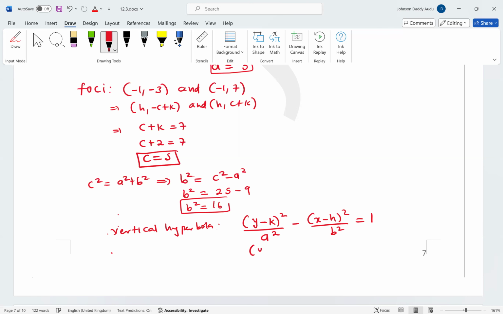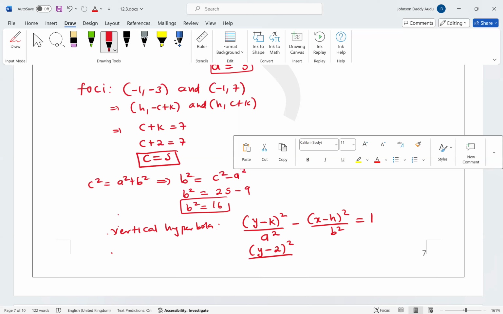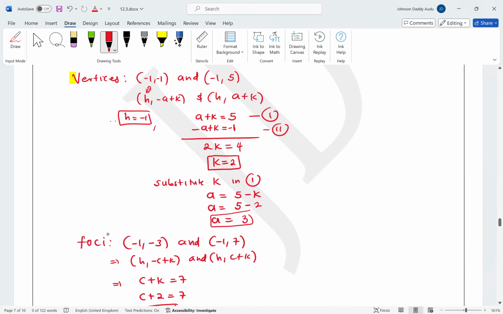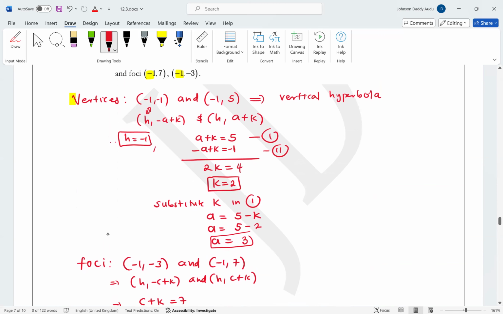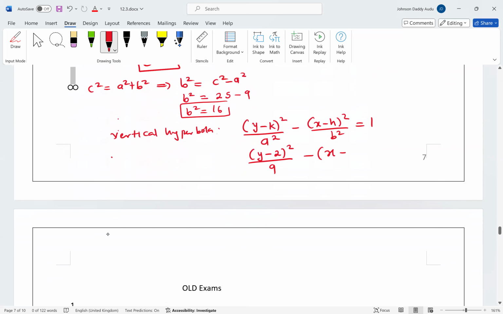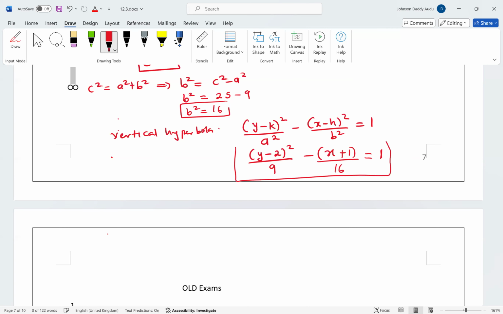So we're going to have y minus k, which is 2, over a squared. A squared is 9, minus x minus h. I think h is minus 1, clearly from the vertex. So it's going to be minus minus, plus 1 over b squared, which is 16. And this is equal to 1. So this is the equation in standard form.